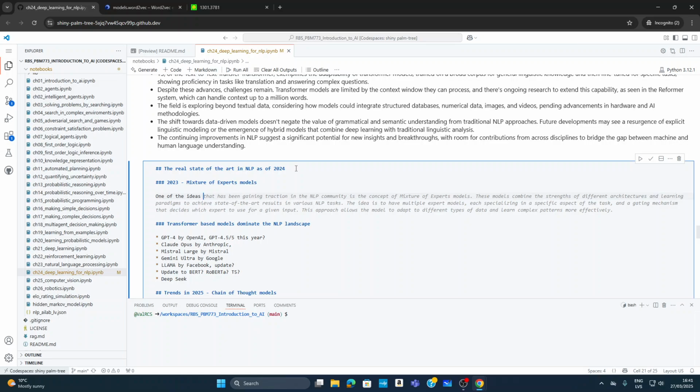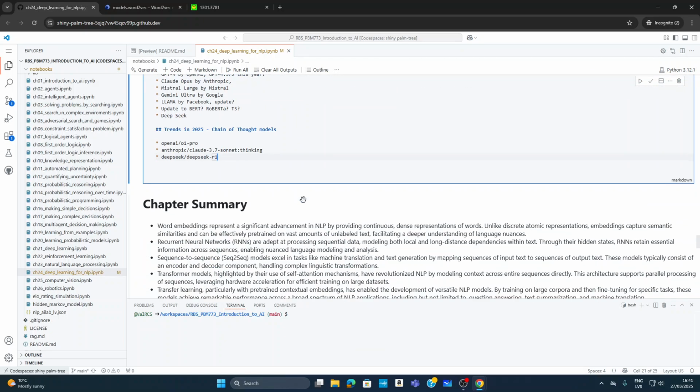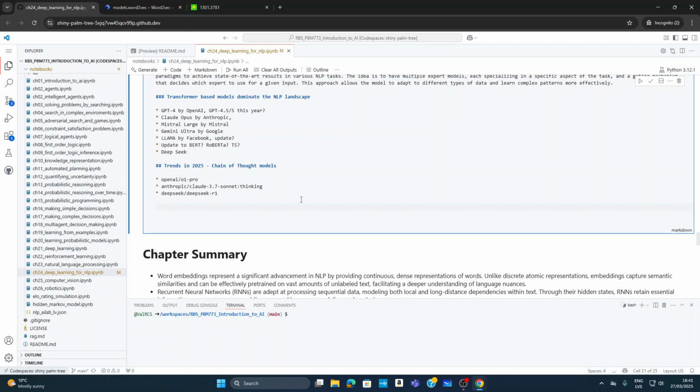Let's see, so combine different architectures. So basically by combining multiple, right? So that was interesting. So that's sort of like the trends, right? And again, some practical issues.